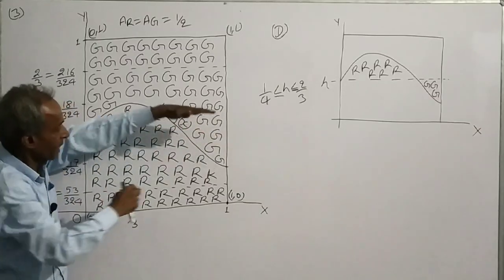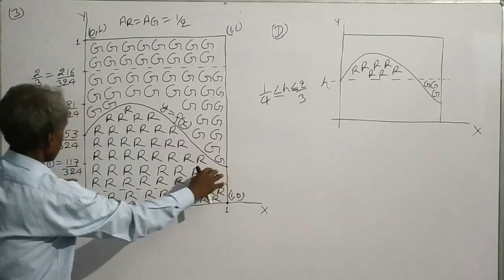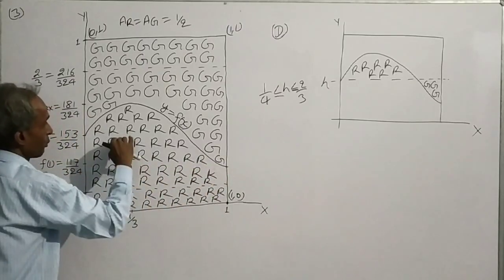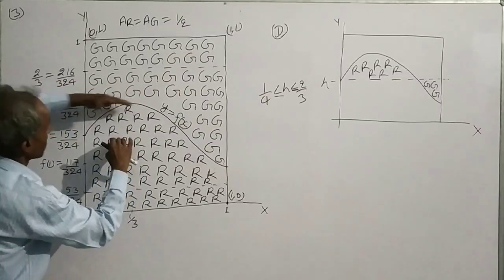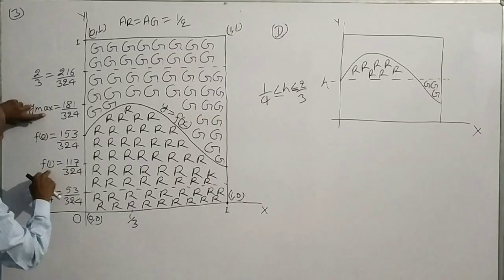Therefore, there certainly exists a height which is above this f1 and below this y max, from f1 to y maximum.